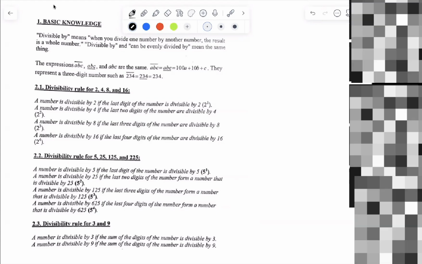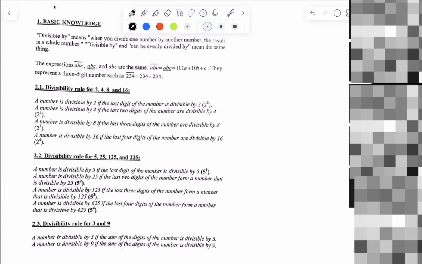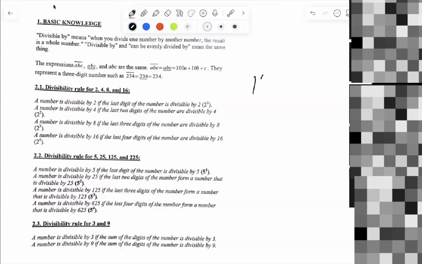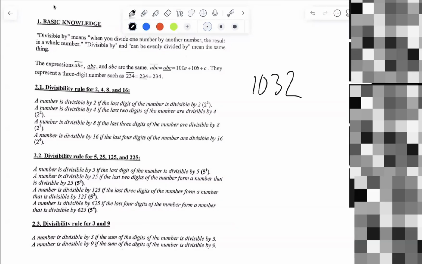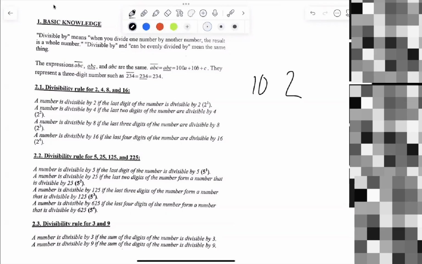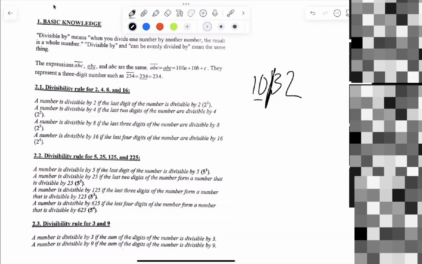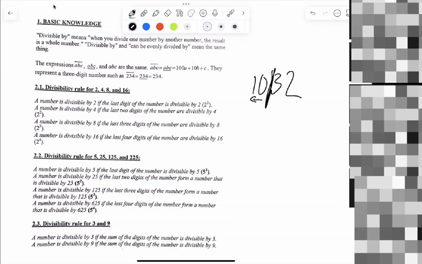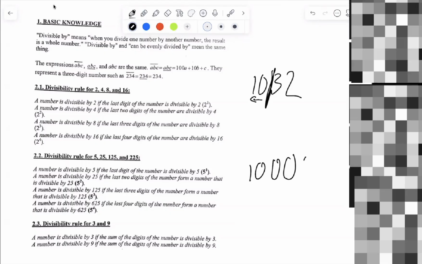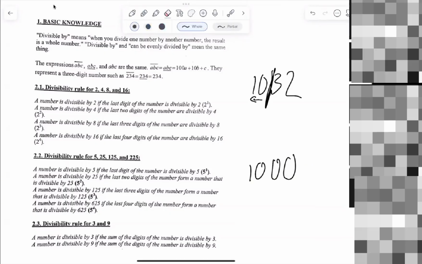For example, let's say a 4-digit number divisible by 4. Let's say it was 1032. Well, let's look at this part over here. This can be written as 1,000.